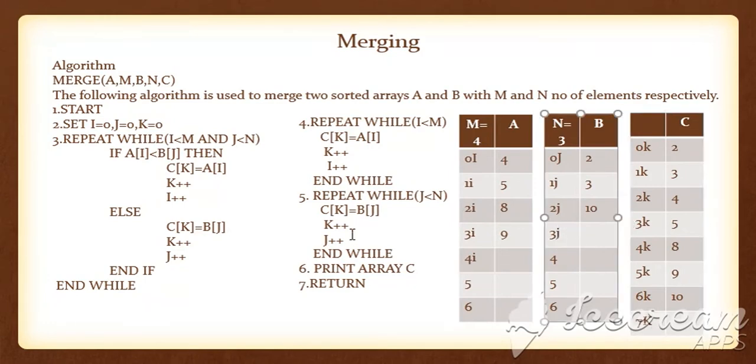And again the condition will be evaluated as 3 less than 3. So the condition becomes false and the while loop terminates. And now we have obtained an array C, which is a combination of A and B, and it is again a sorted array. So that is all about the algorithm of merging. And next we can look onto its program.